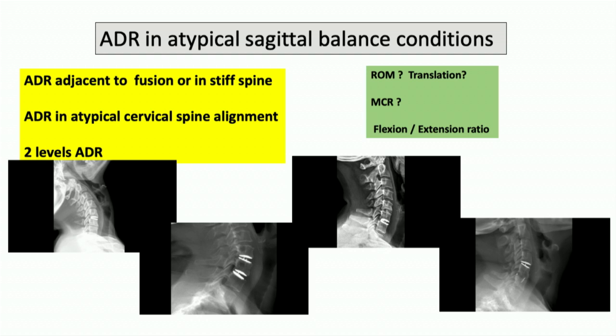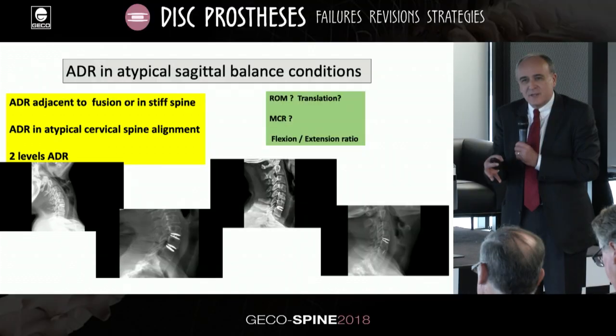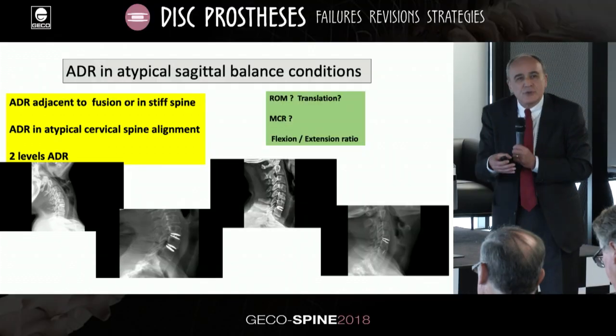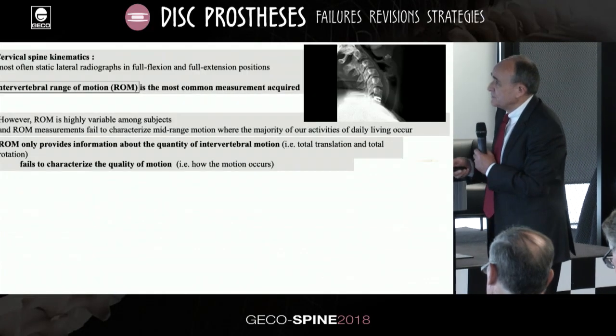When we have an atypical cervical spine alignment and in two-level cases. And the questions are about range of motion, translation. I shall not discuss translation, but I shall speak a little bit about range of motion, mean center of rotation, and something we have discussed a little bit about lumbar spine, the flexion-extension ratio. What is the neutral position of our patient?